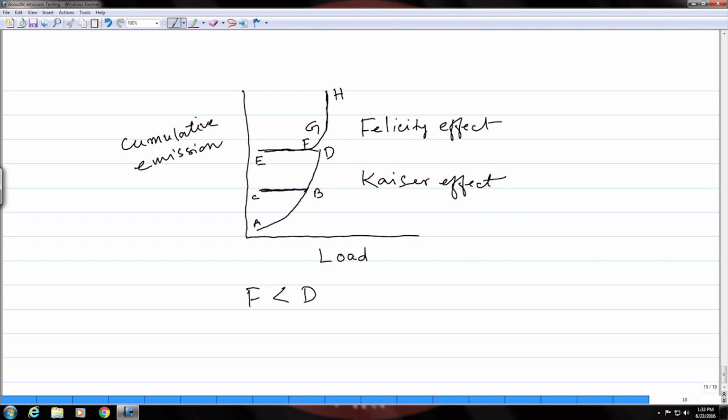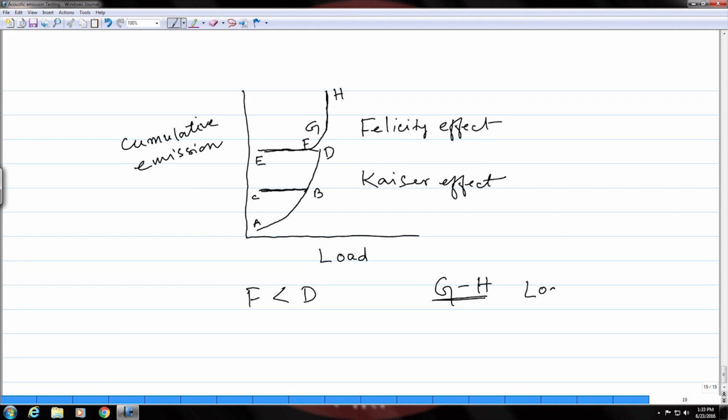Okay. And that is why this particular portion that you see when you have emissions before the previous maximum load, or when there is a damage in the structure, then you see this GH part which is almost like happening with no increment in the load. Okay. So, that is why this is known as load hold.